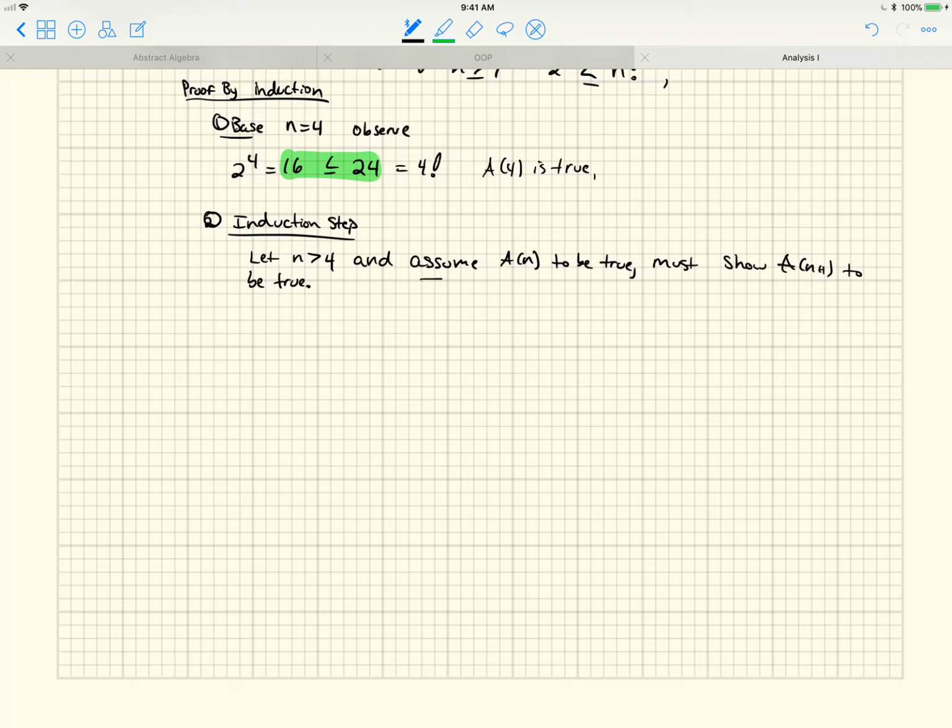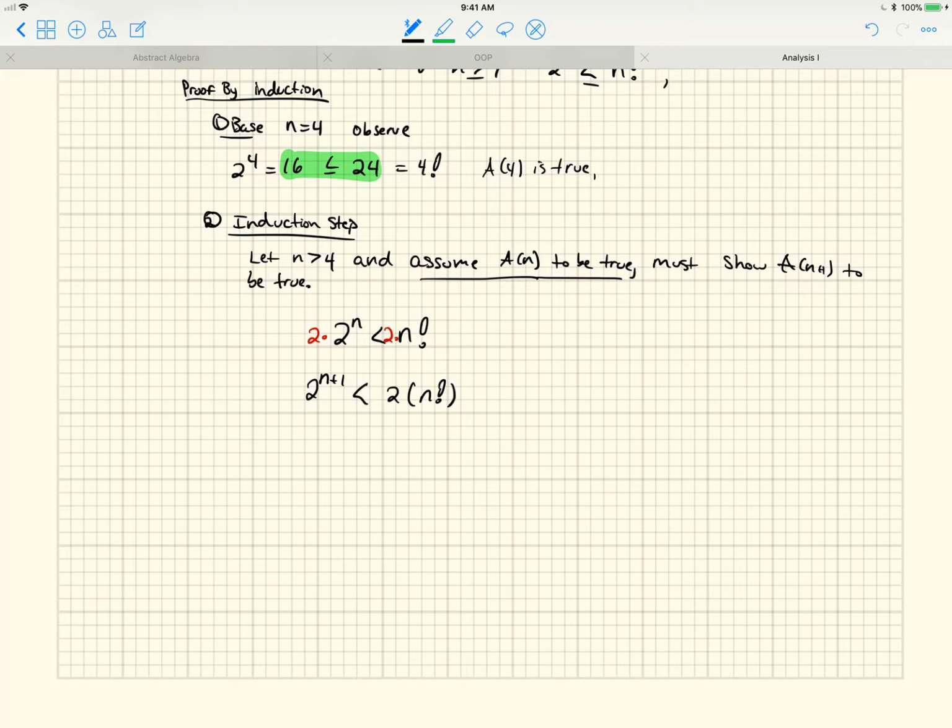So by our assumption, it must be the case that 2^n is less than n!. So if I multiply both sides by 2, I have 2^(n+1) is less than 2 times n!.